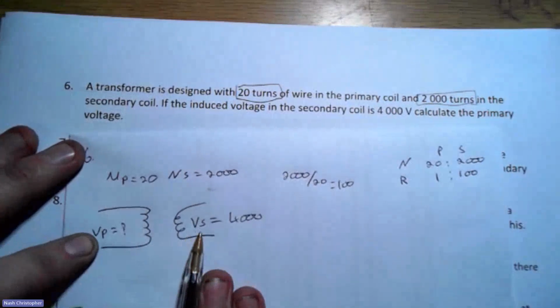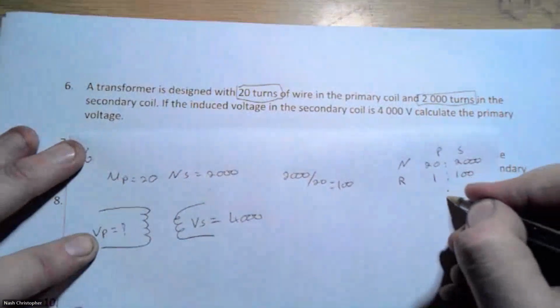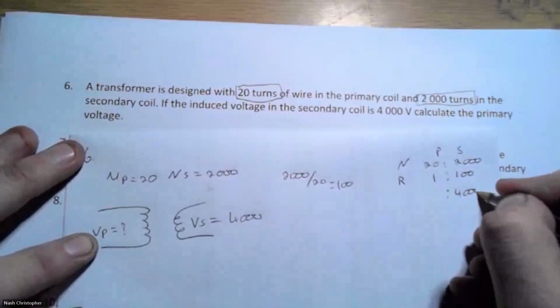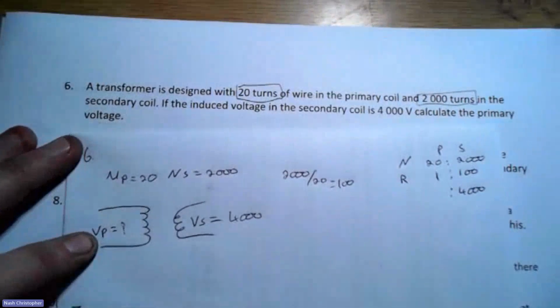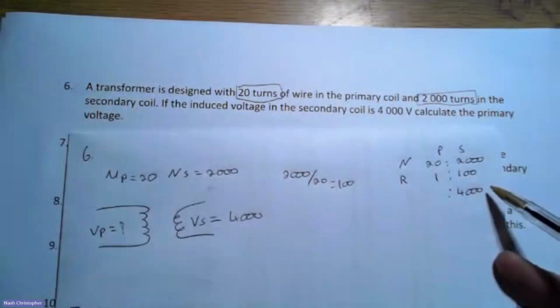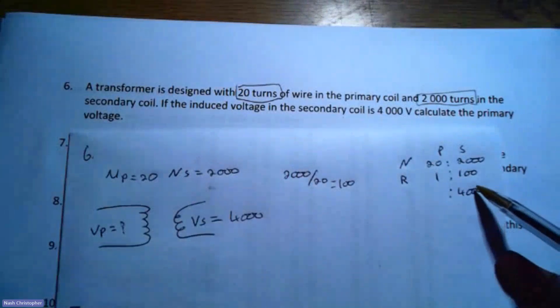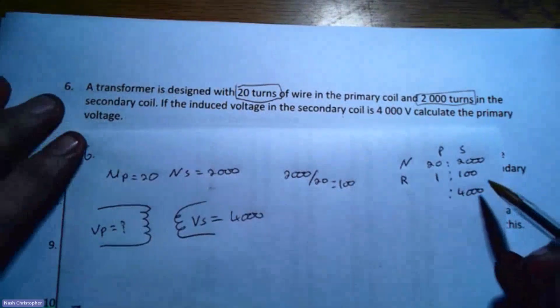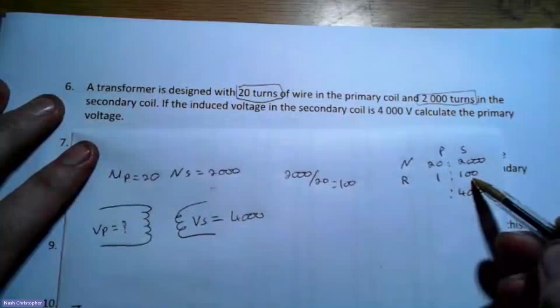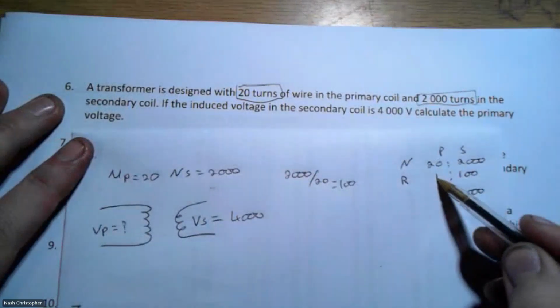We don't know Vp, but we know Vs. So that's 4,000. We know from the ratio that anything on the right-hand side is 100 times greater than the left-hand side.